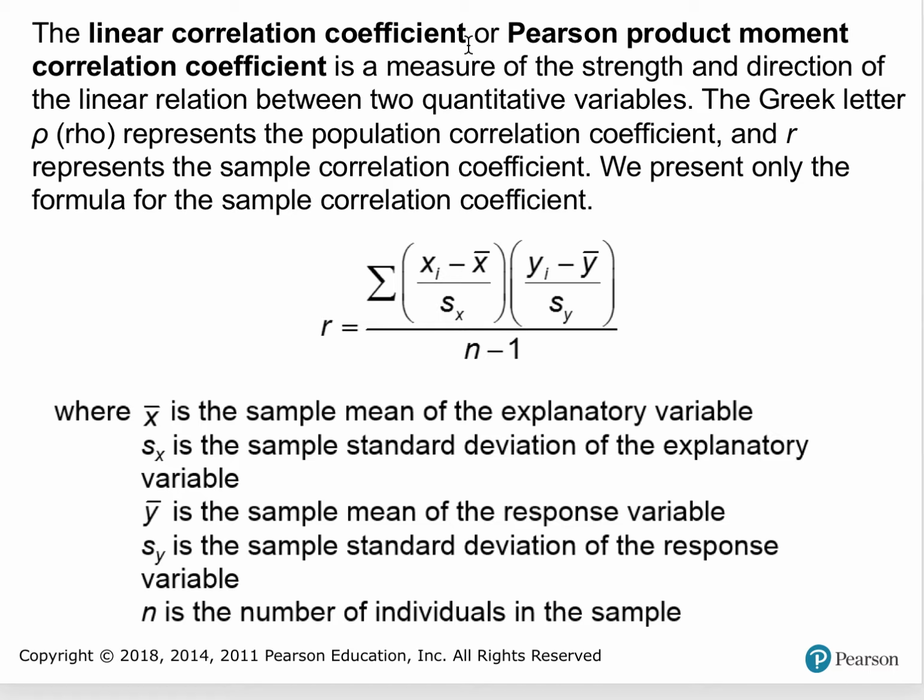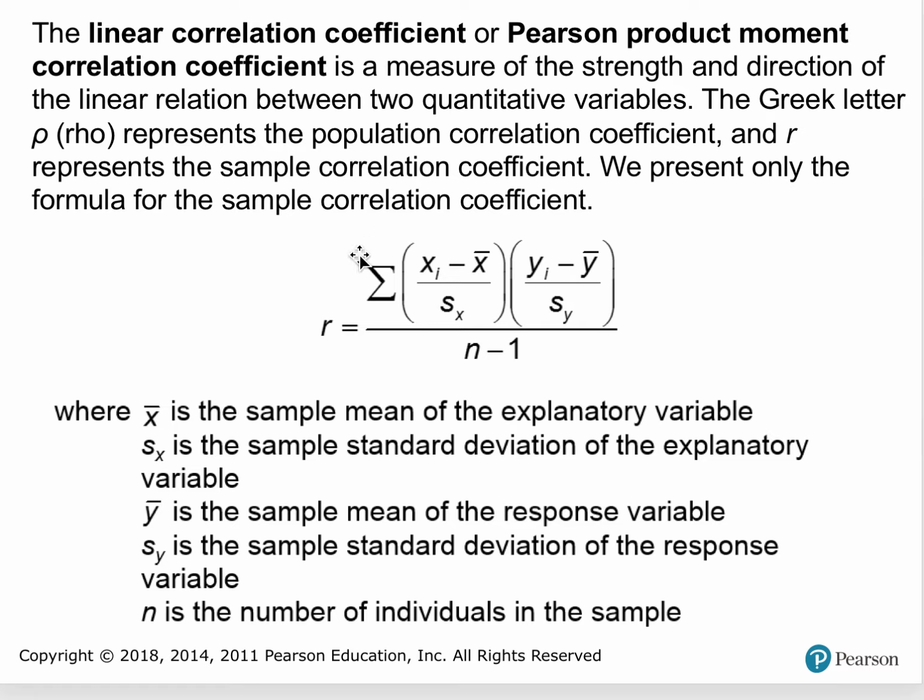Pearson's r is a measure of the strength and direction of the linear relation between two quantitative variables. The Greek letter rho represents the population correlation coefficient, and r represents the sample correlation coefficient, and we're only going to talk about r, the sample correlation coefficient.